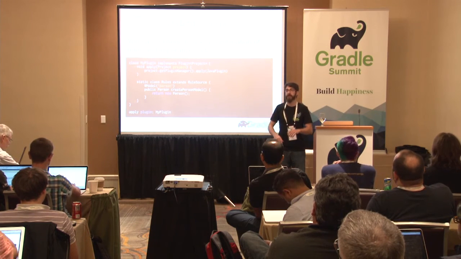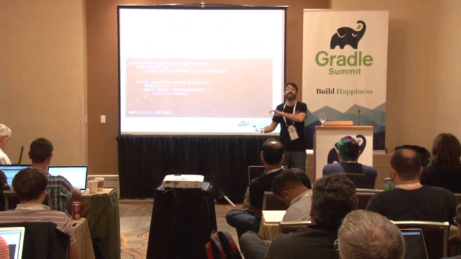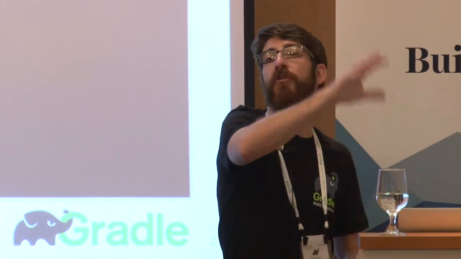So in the sense of the project, inside of a build script, using the DSL, you could access something called person inside of a model block. So inside of that model block, this is model specific. But this isn't like adding an extension to the project object, right? Because the project object isn't managed, right?